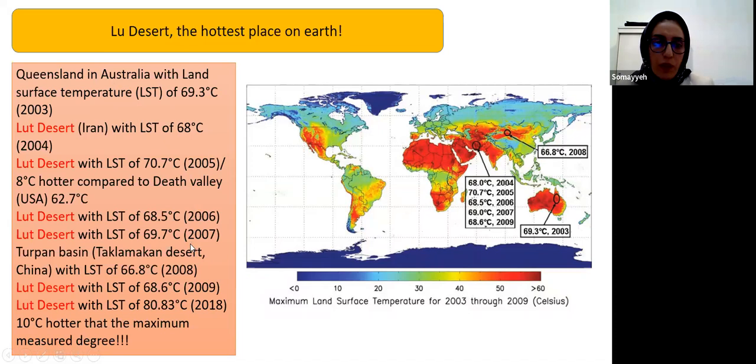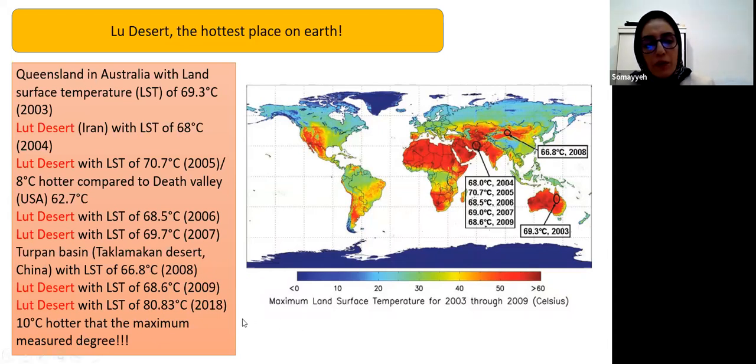And in 2008, Turpan Basin in the Taklamakan Desert of China with an LST of 66.8 degrees centigrade. But improvement in satellites gave us another amount.